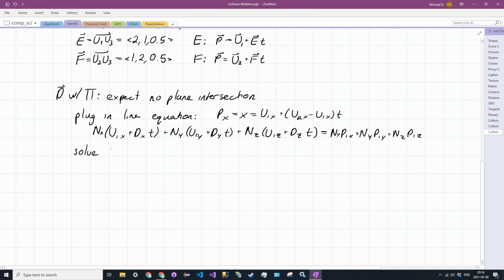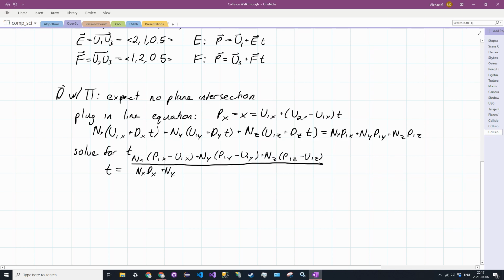So solve for t, and what we'll get is t is equal to nx times (p1x minus u1x) plus ny (p1y minus u1y) plus nz times (p1z minus u1z), where once again the point p1 here we're going to consider as the origin of the plane, and this is all over nx times dx plus ny times dy plus nz times dz.